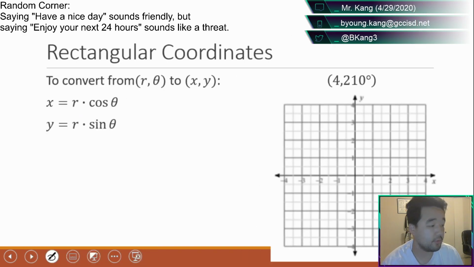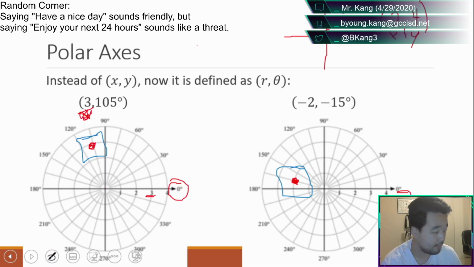So rectangular coordinates. How do you change from polar coordinates back into rectangular coordinates? So right here, 4, 210, that is a set of polar coordinates. Now I want to think about how that looks if I were to change it back into x, y. Those answers that I gave are telling you a certain place that exists in space.